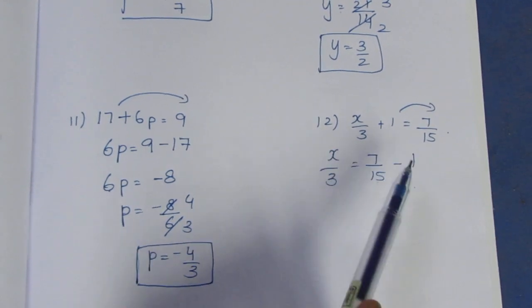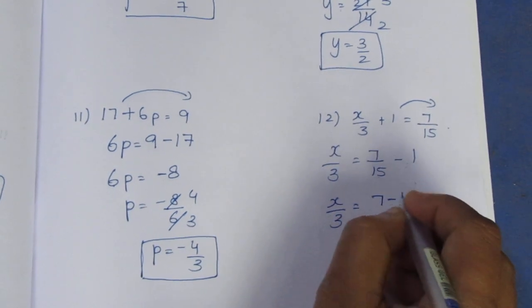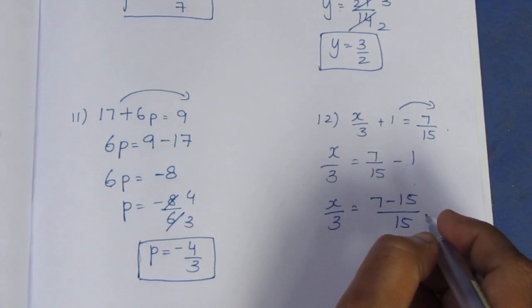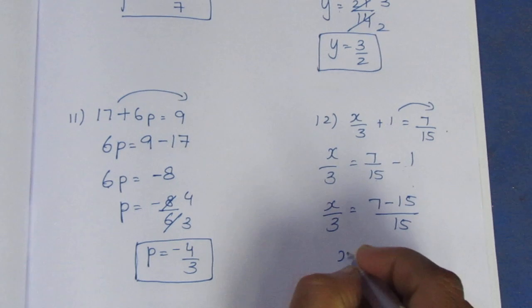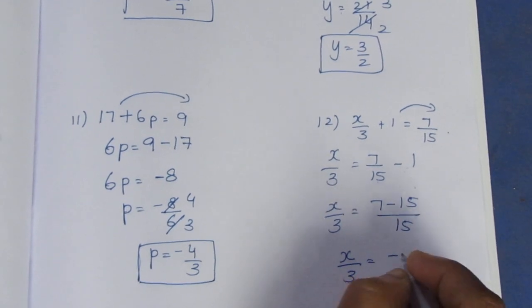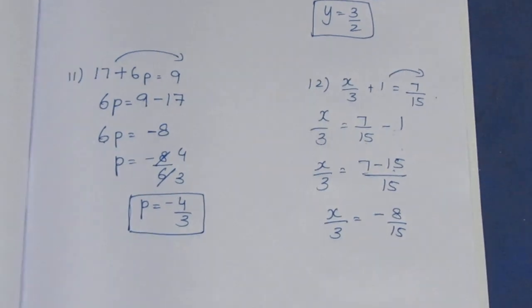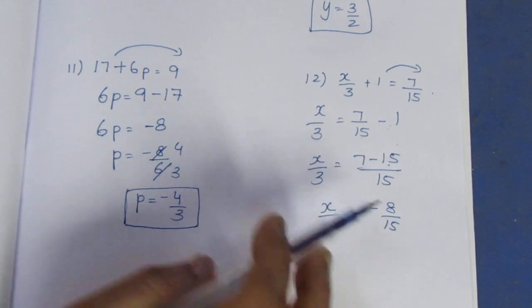Here it becomes x by 3 is equal to 7 minus 15 ones are 15, by 15. Here we can solve it. It becomes x by 3 is equal to minus 8 by 15, because here in addition and subtraction we need to subtract, writing the greater number's sign, which is minus here.